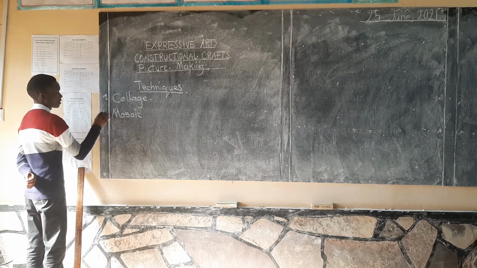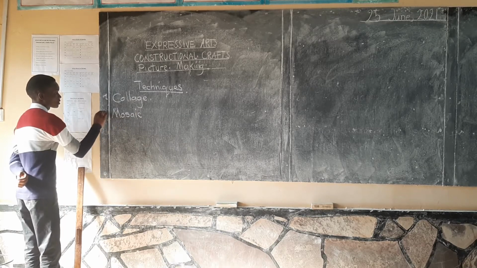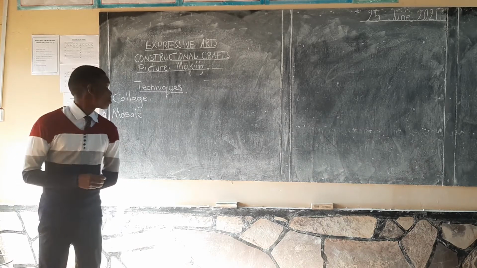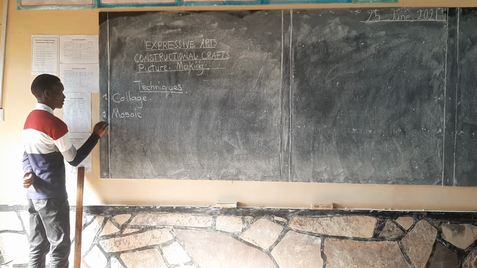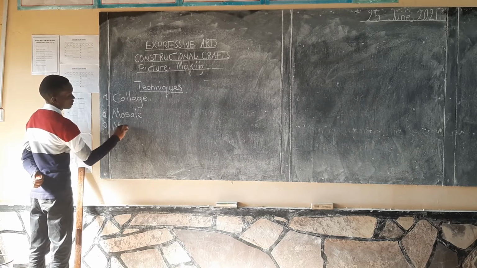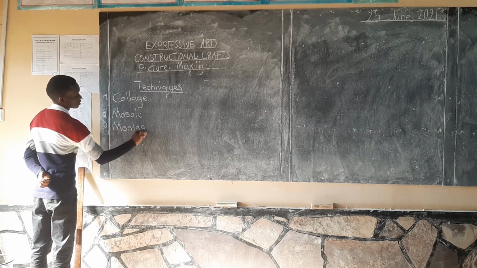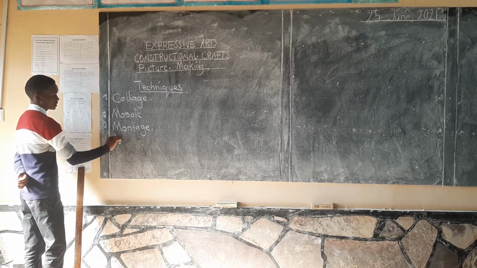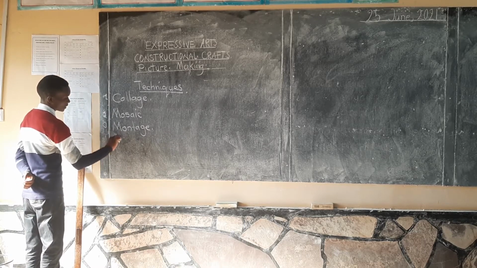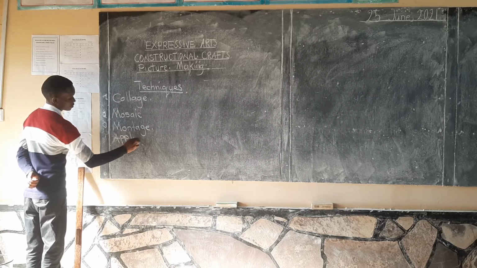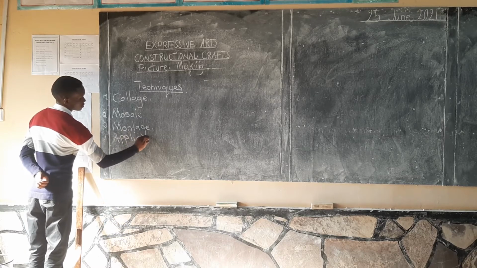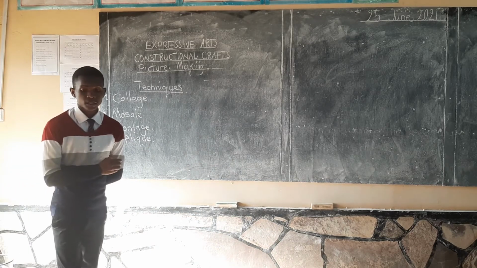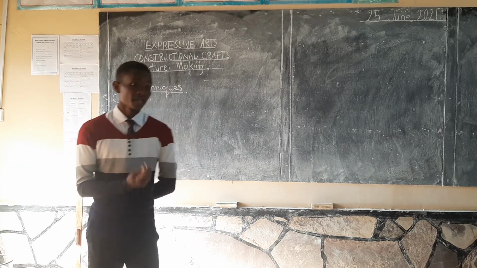Apart from that, we have what we call a montage. And the last one that we're going to look at is the appliqué. So today we're going to discuss these techniques in terms of picture making.